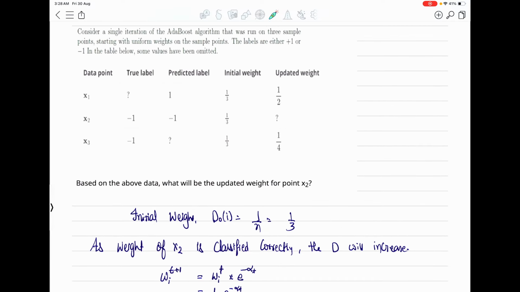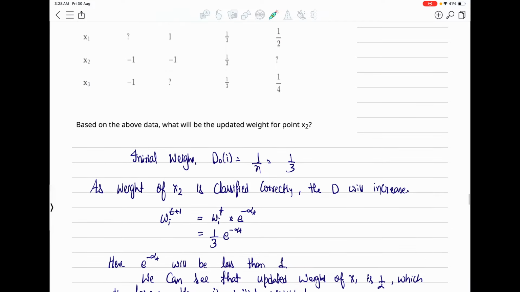But I want to give you a revision of how we solve this type of problem. The way of solving it is basically with the initial weight. We initialize a weight with a uniform distribution, and then we change the weights in an iterative fashion.